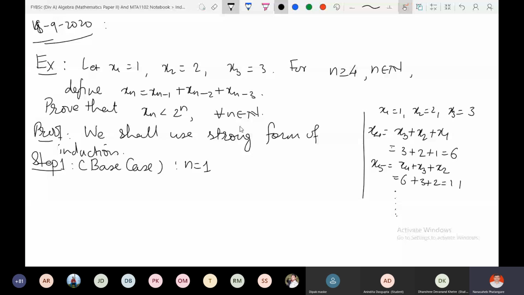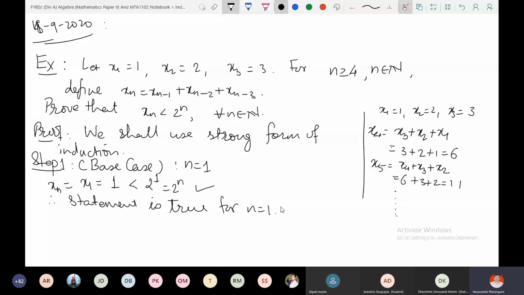If n is equal to 1, what is x1? x1 is 1 and certainly x1 is less than 2 raised to 1, that is 2 raised to n. This is clearly true. Therefore the statement holds for n is equal to 1.